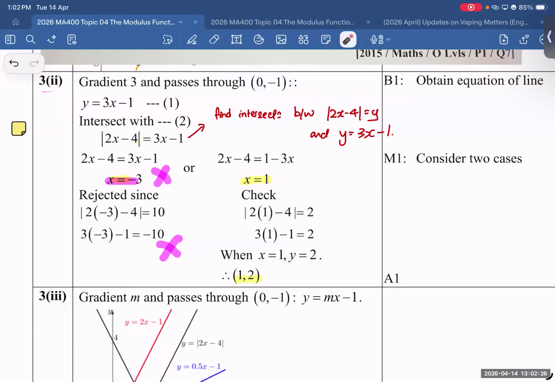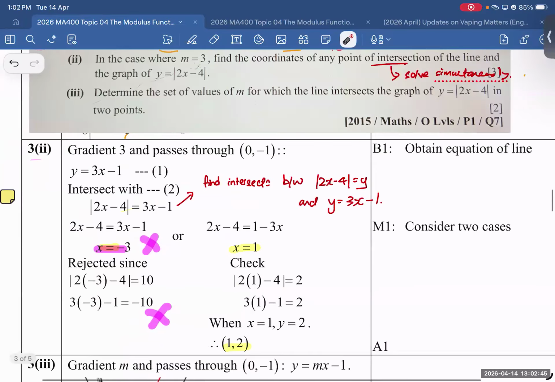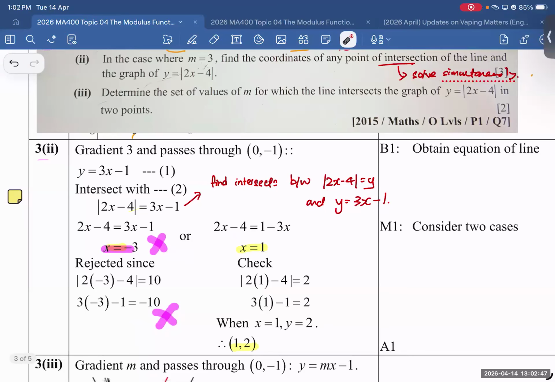So this is question 3 part 2. I will wait here for a while for those who are doing it to catch up. Part 3 is very similar. Anyone still doing part 2?